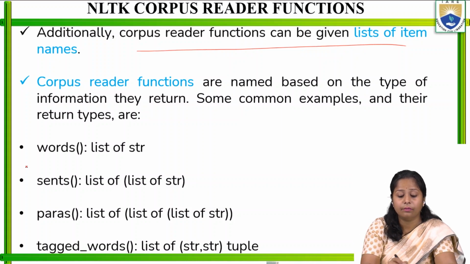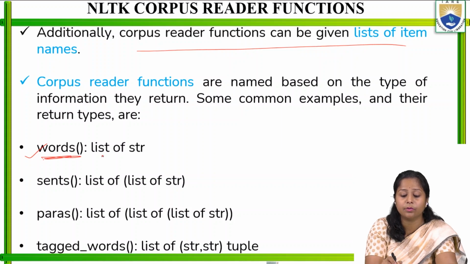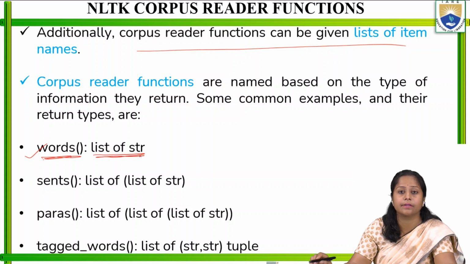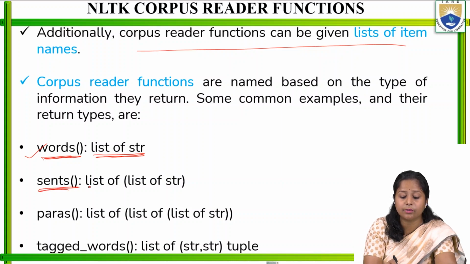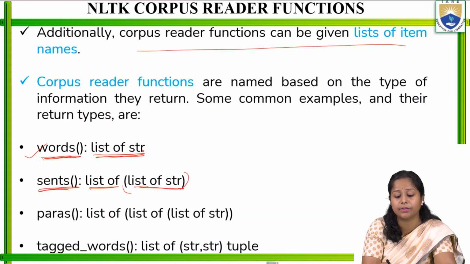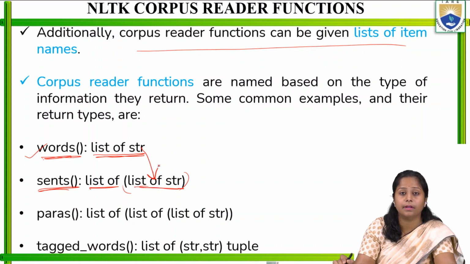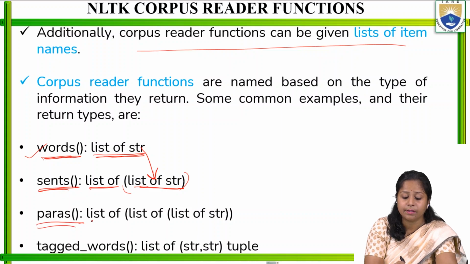First is the words function. The words function gives us a list of strings, list of str. Similarly, the parse function gives a list of trees.